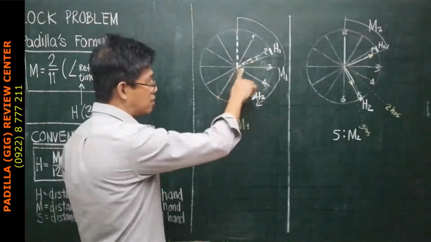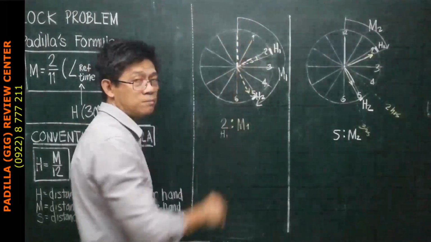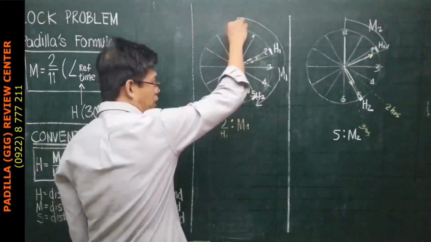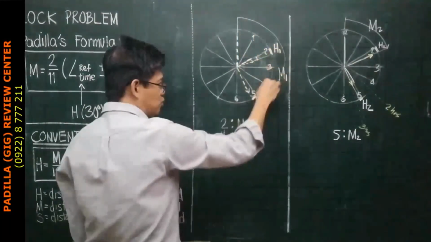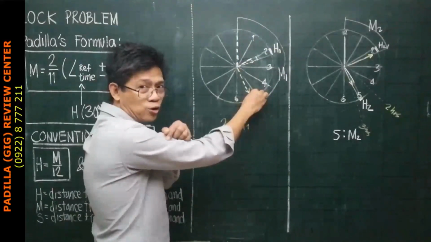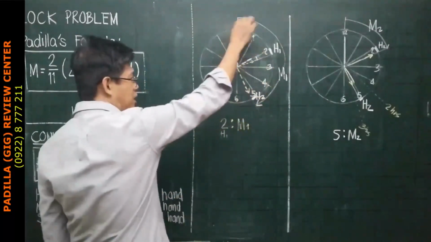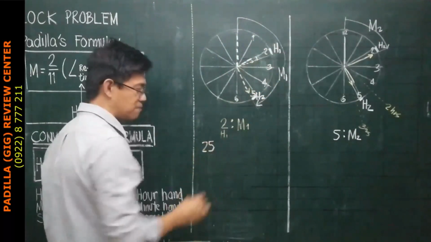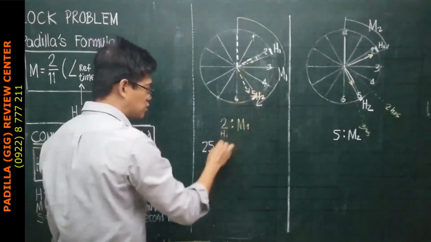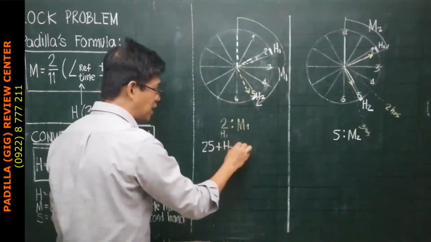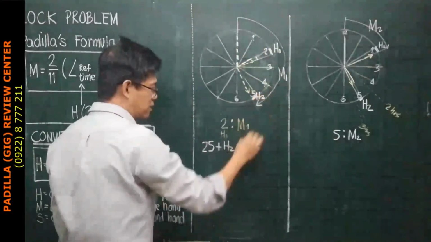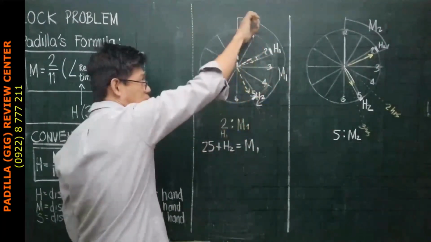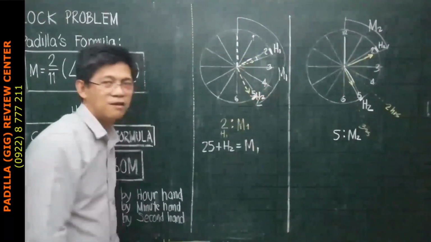Our equation here is starting from 12, going to this, as I told you, use minutes. From here to here is 25 minutes. Plus H2 is equal to M1, right? 25 minutes plus H2 is the same as M1.